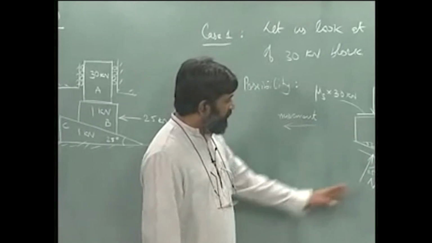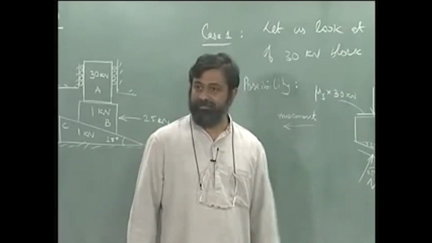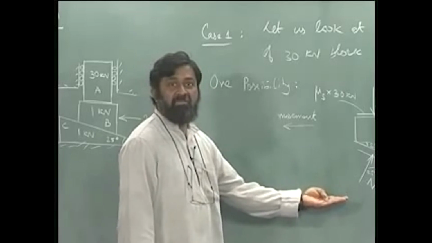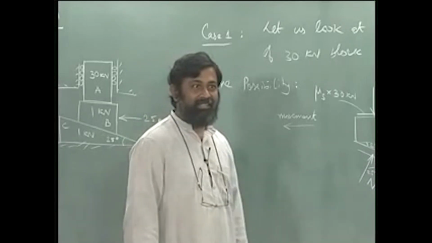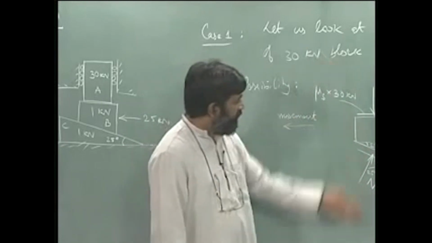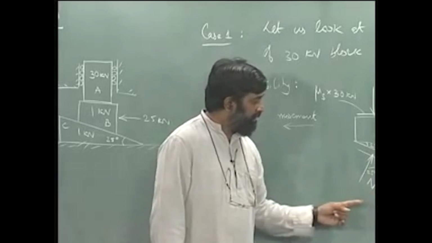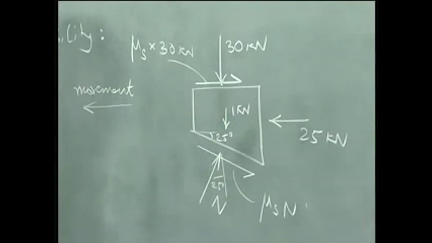In which case mu s times 30 and mu s times n makes sense. Now, after that it is very simple, all I need to do is the equilibrium equations. Vertical components: 25 does not take part, mu s n and n will take part, 30 kilonewton will take part, 1 kilonewton will take part.